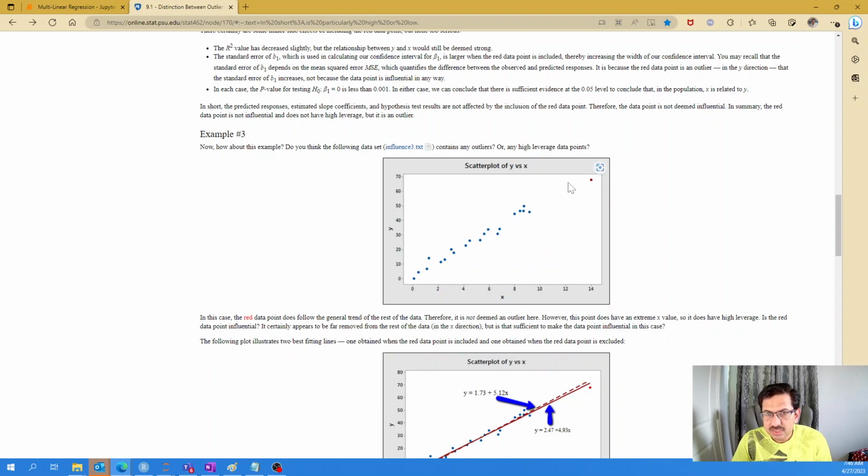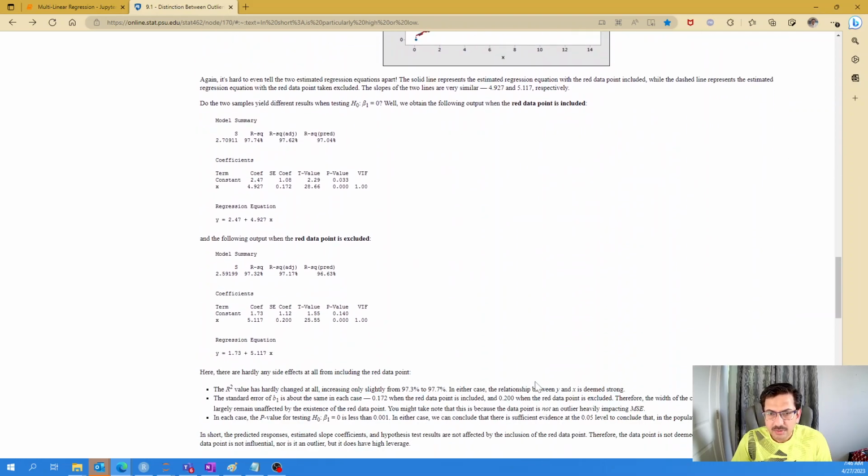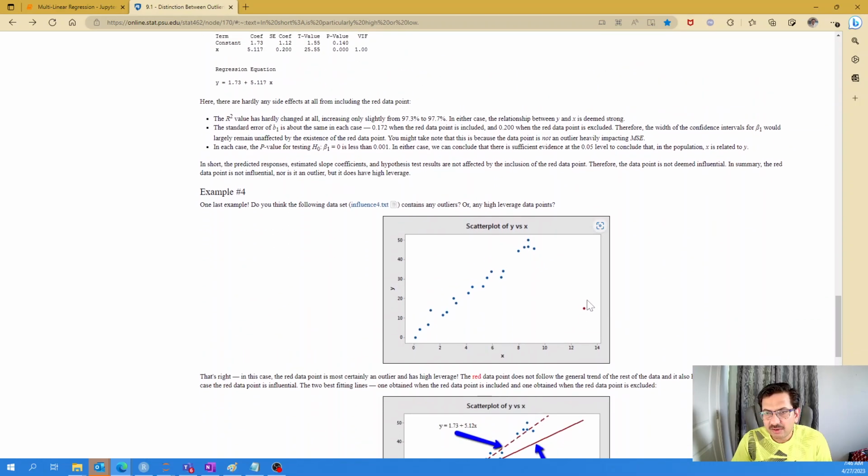But it doesn't mean this will impact the model, because this falls on your linear graph. So this will not impact much, but if you have leverage which does not follow the pattern, then this will definitely impact your model.